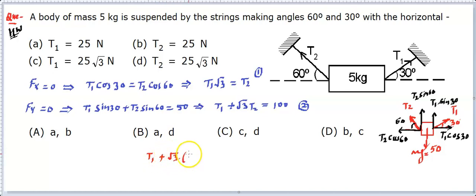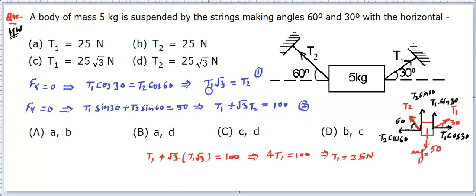In that case, you can write it as T1 root 3 is equal to 100. If you simplify it, root 3 squared becomes 3, plus 1, that becomes 4, so it becomes 4T1. 4T1 is equal to 100. So from here you will find the value of T1. T1 is coming as 100 by 4, that is 25 Newton.